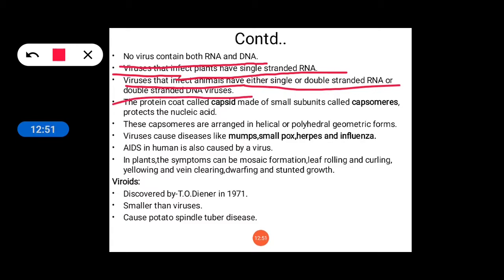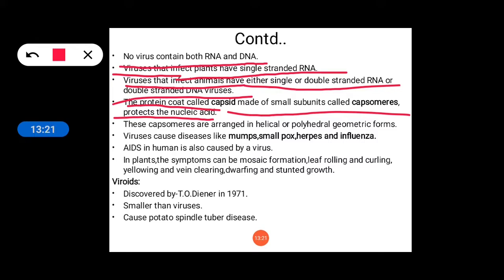The protein coat called capsid, made of small subunits called capsomeres, protects the nucleic acids. Nucleic acids means DNA or RNA. This protein coat is known as capsid, and it is made up of small subunits called capsomeres, which protect the DNA or RNA present in a virus.